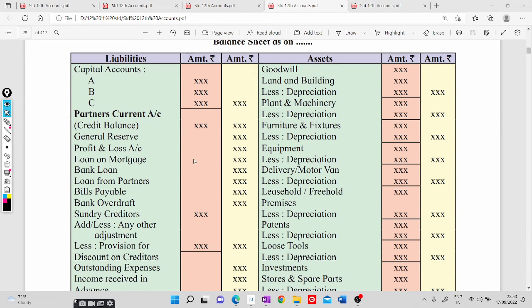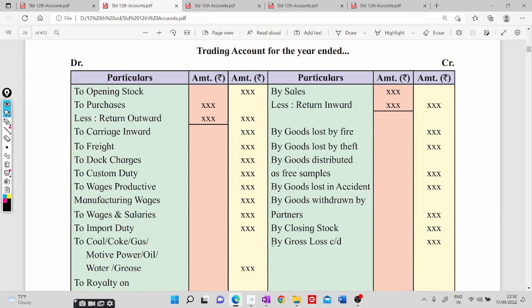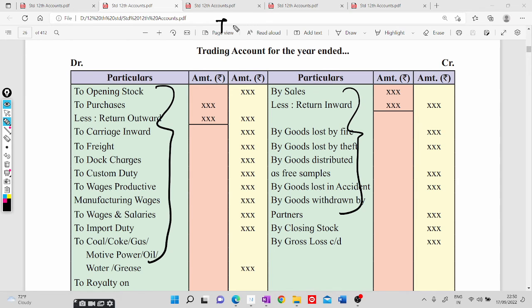In this way, with the help of the trial balance, we have to record all of these accounts in the trading account, P&L account, or balance sheet.